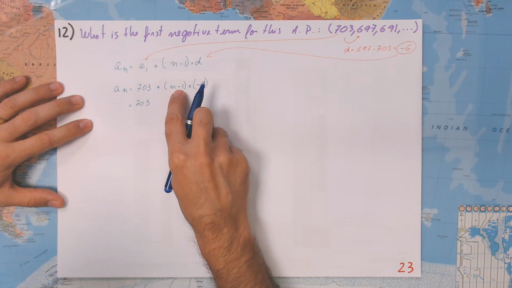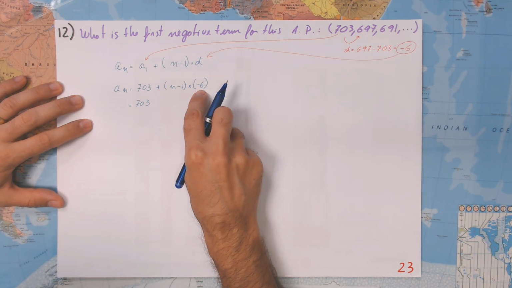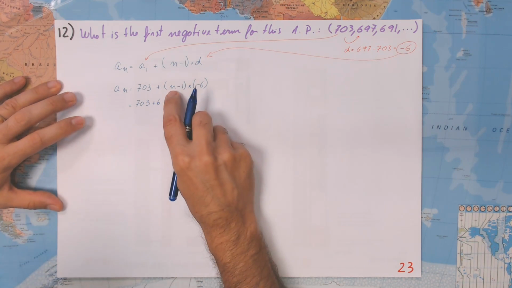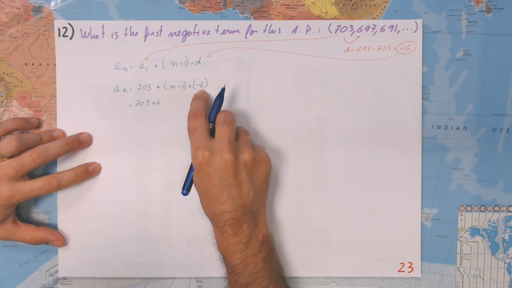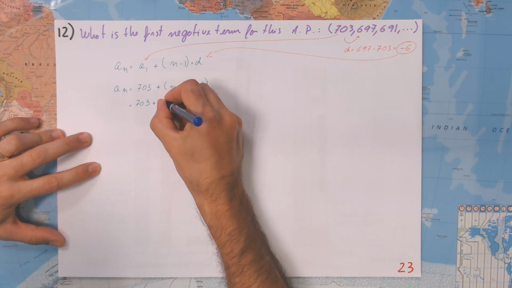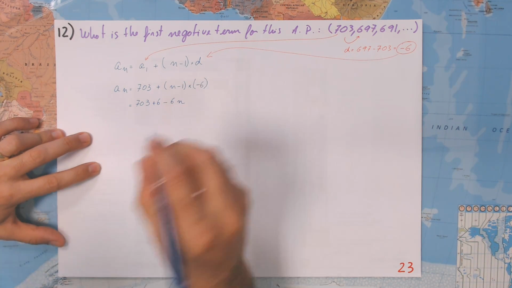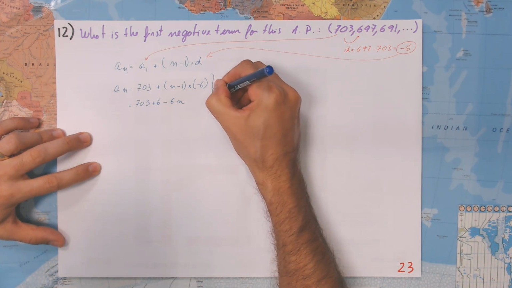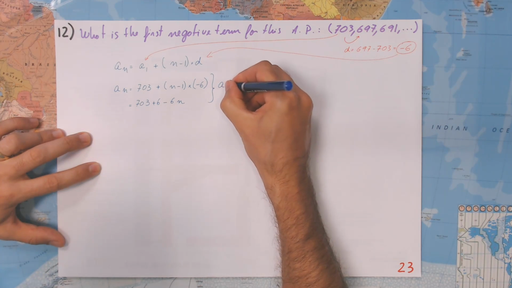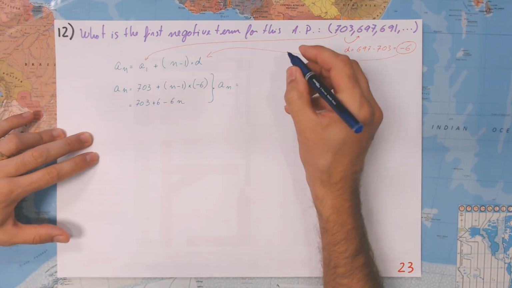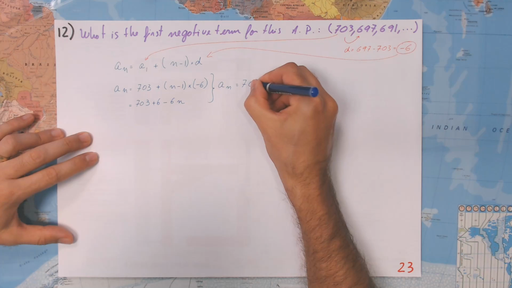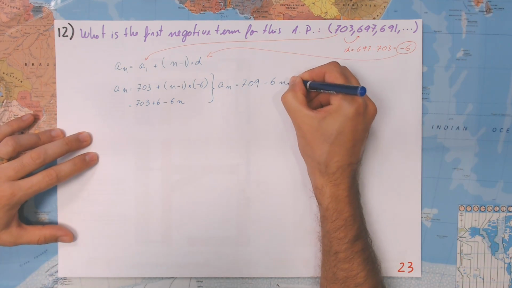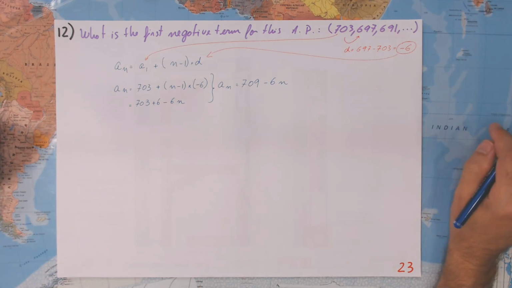Because minus 1 times minus 6 is a plus 6. Plus 6. Now, n times minus 6 is going to be minus 6n. From here, we get that AN is going to be 709 minus 6n.